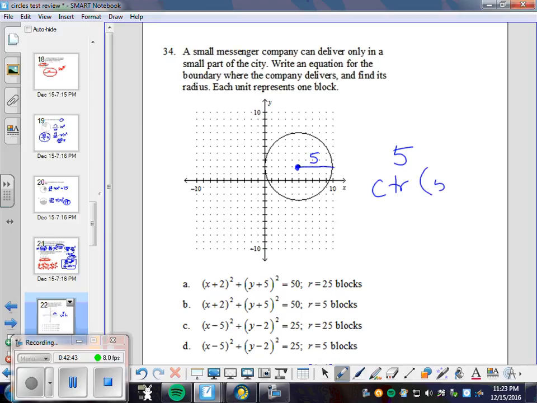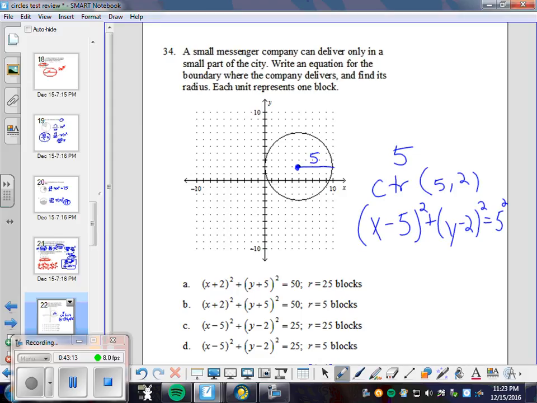So 5, 2. So my equation should be x minus 5 squared plus y minus 2 squared equals 5 squared, 25. Now, how many blocks is R? What is my radius?